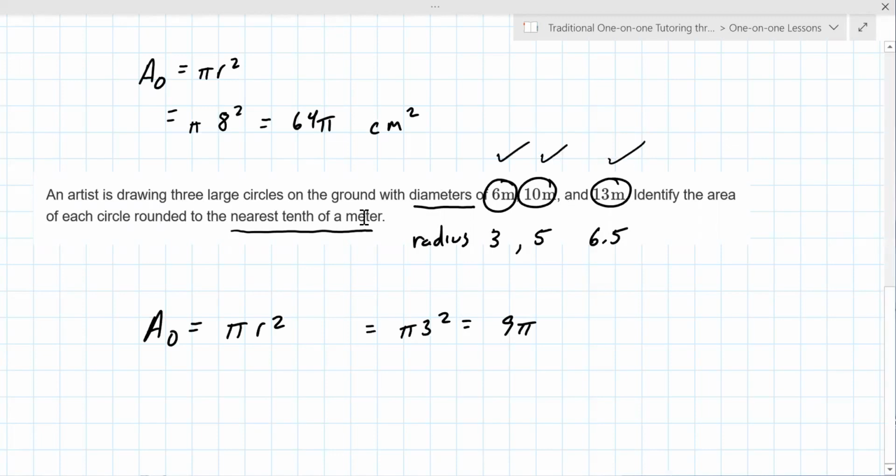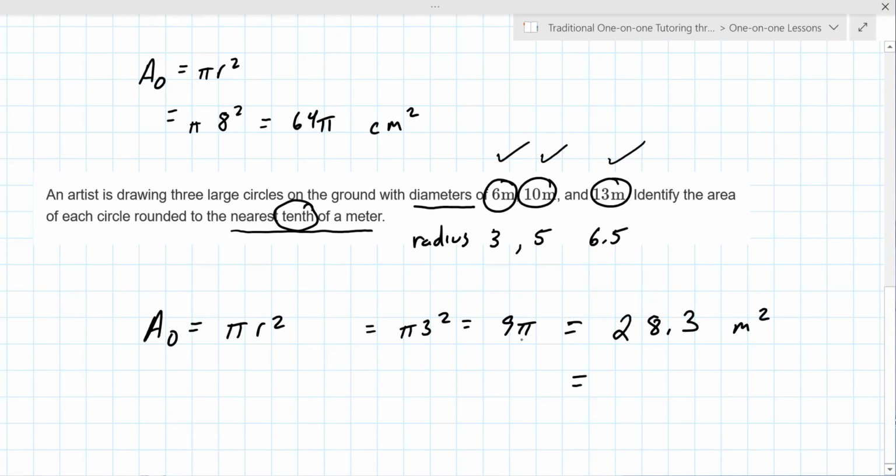I'm looking for the 3 areas, but you have to round to 1 decimal place. So tell me what you get for 9 pi. 28.27. Now it says nearest 10th. How many decimal places is that? Only 1 decimal place. So is it 0.2 or 0.3? 0.3. Very good. And the units here would be meters squared.